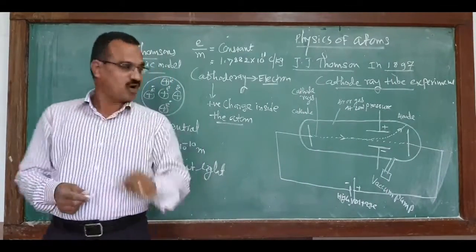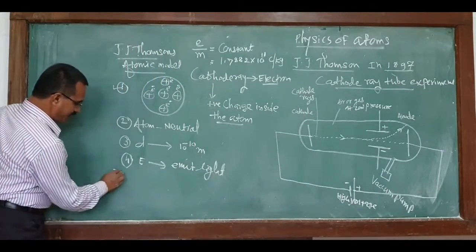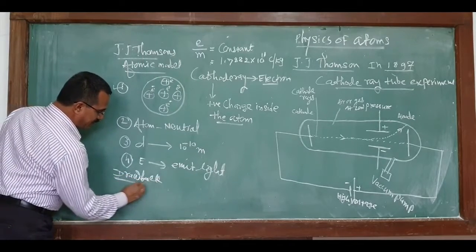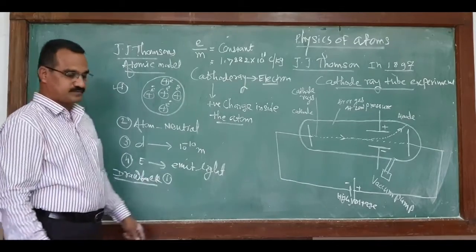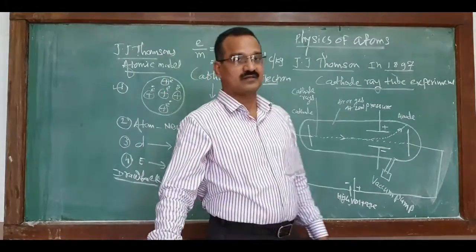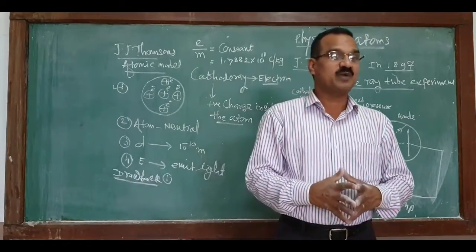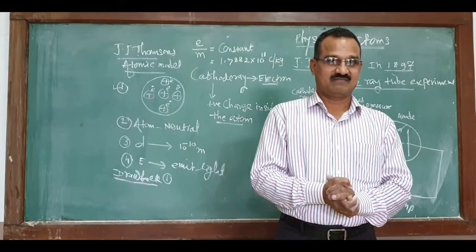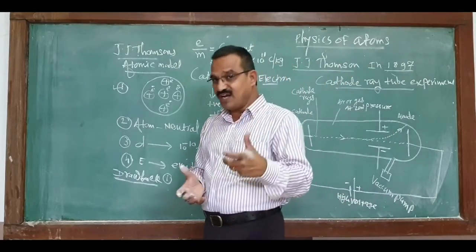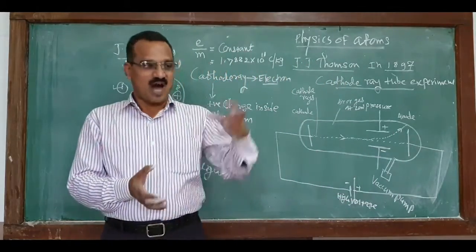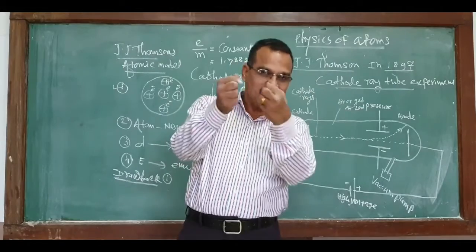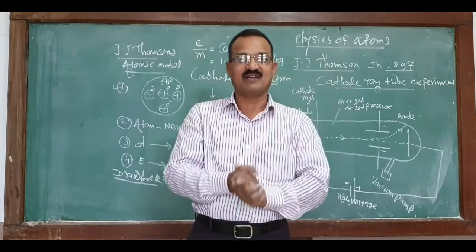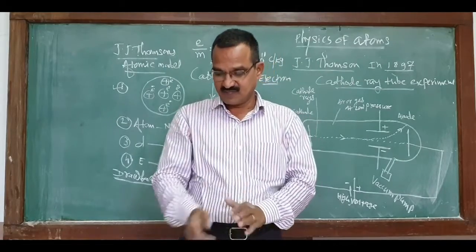The first drawback: Thomson could not explain the stability of the atom. Thomson failed to explain how the positive charge binds the negative charge.